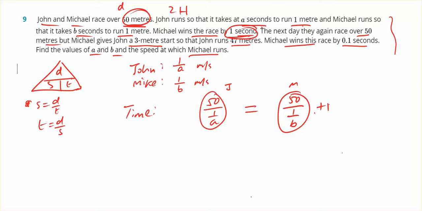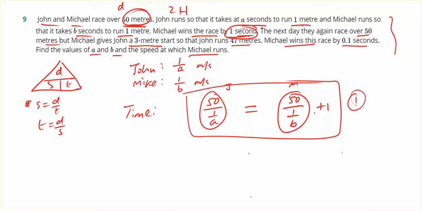So this is essentially one of the simultaneous equations, because we've got a relationship between John's time and Michael's time, and we know that John is 1 second slower, which is why I've added 1 second to make them equal. So this is really important that you understand that equality.